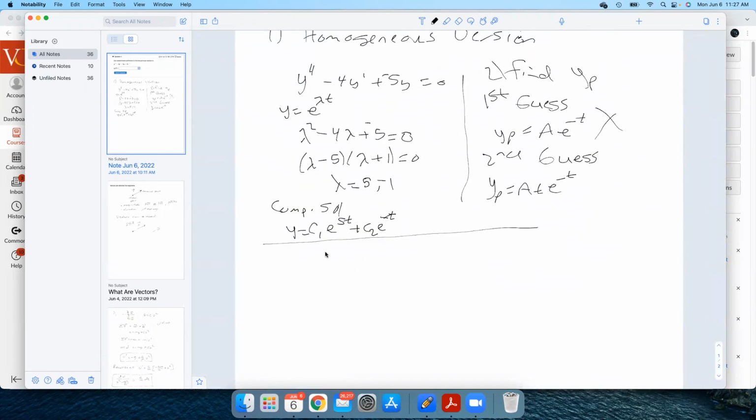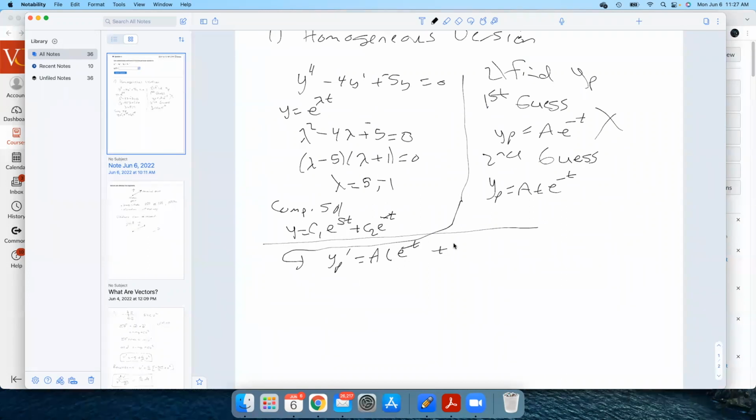Okay, well, if that's yp, so I'm coming around here, then yp prime, I'm going to have to do product rule there, will be A. Yeah, I'm going to factor the A out.